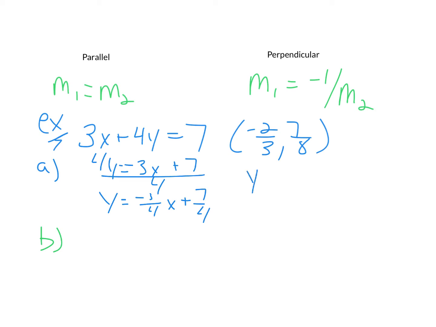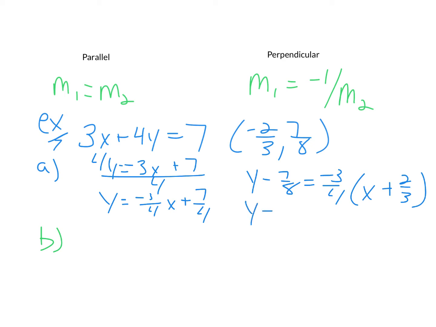So I'm going to use point slope form to start, and then we're going to move it to slope intercept form. Slope's -3/4, x plus 2/3.